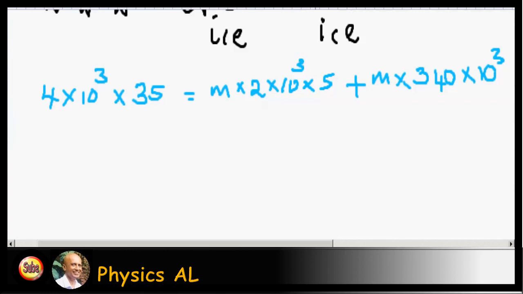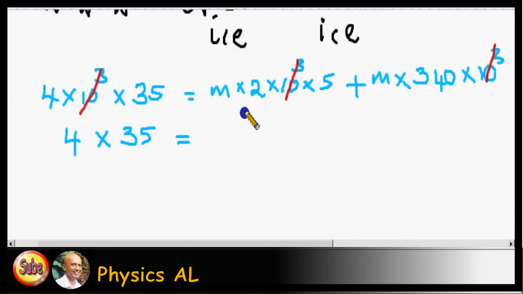So now we can cancel 10 power 3 in every part. Don't simplify this too much in MCQ questions.